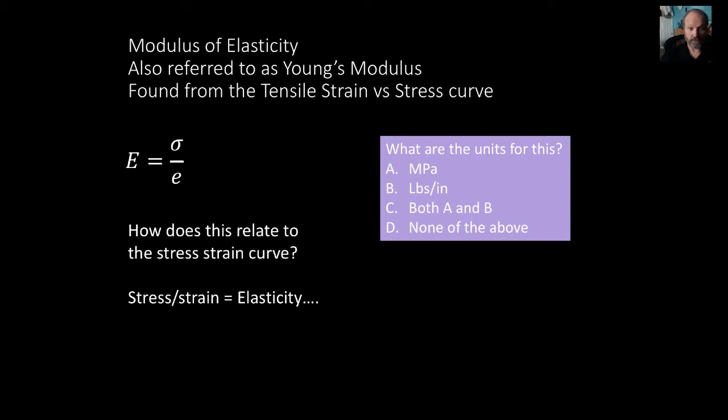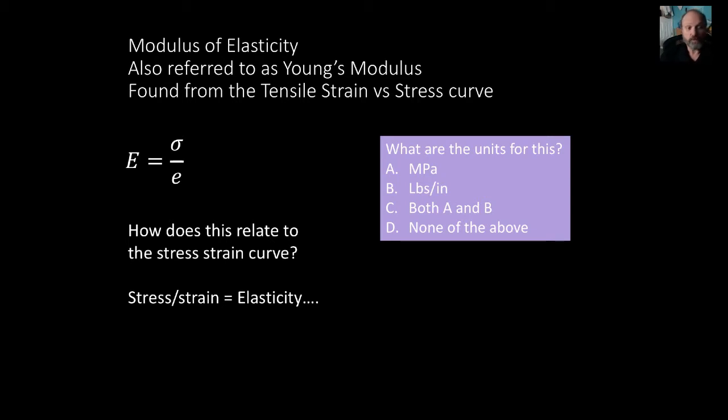If you recall from the first lecture, we talked about the elastic portion of the stress-strain curve where it's straight. That means the stress induced onto the sample results in an elongation that's proportional to the stress, and basically you get a straight line.